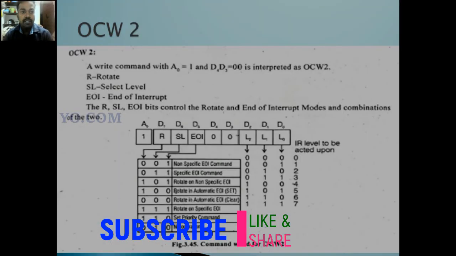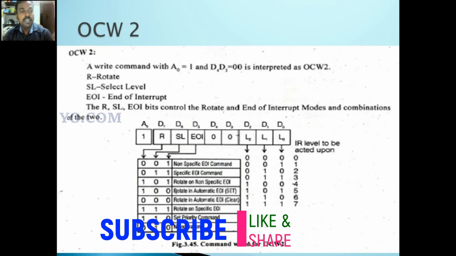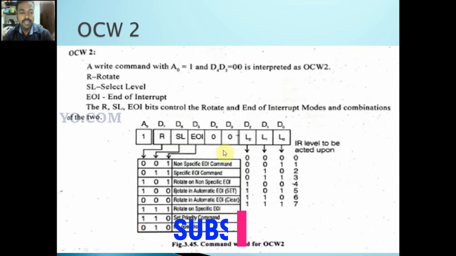Then OCW3 is used to read the status of the register and to set or reset the special mask and polled mode. Here A0 should be 0. In the previous two OCWs, A0 is 1, but in OCW3 A0 is 0.